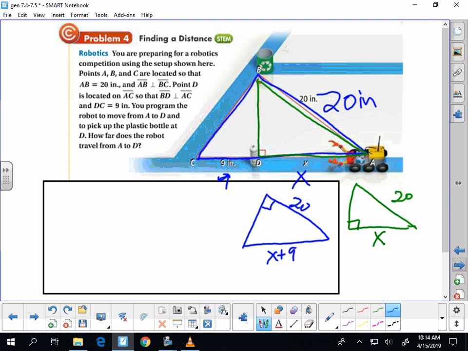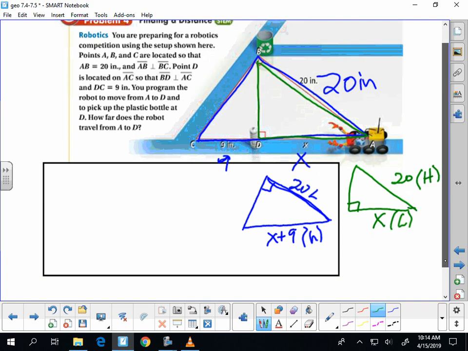All right, so again, we're going to put similar parts over similar parts. In this triangle, the 20 in blue is the long, short, or hypotenuse? Long. And this is the hypotenuse. And in this triangle, I have 20 is the hypotenuse. X is the... Somebody give me a thing to start.